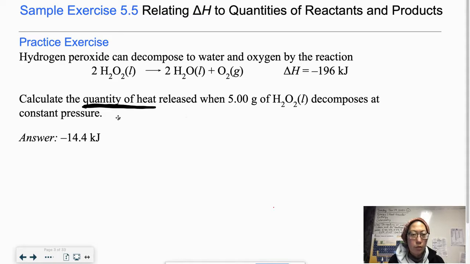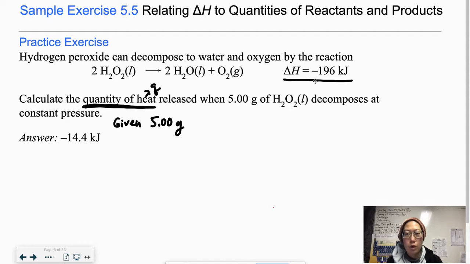So we're given 5.00 grams. We want to find heat, which is Q. Okay, and they give us an amount of energy released for the things in this equation.